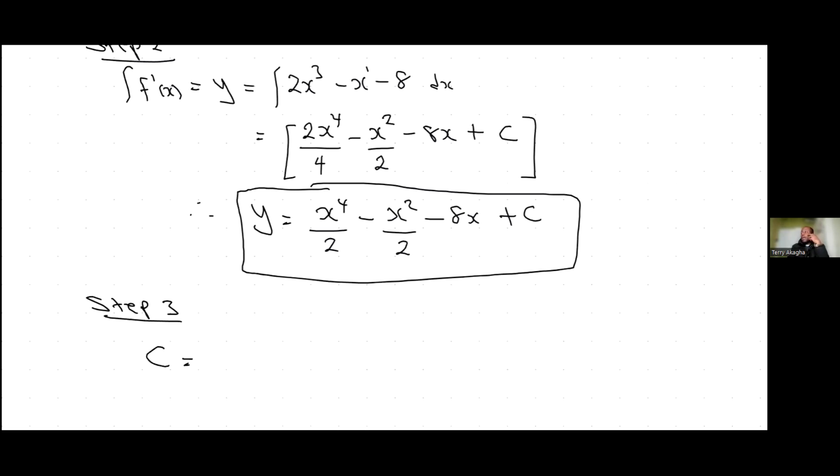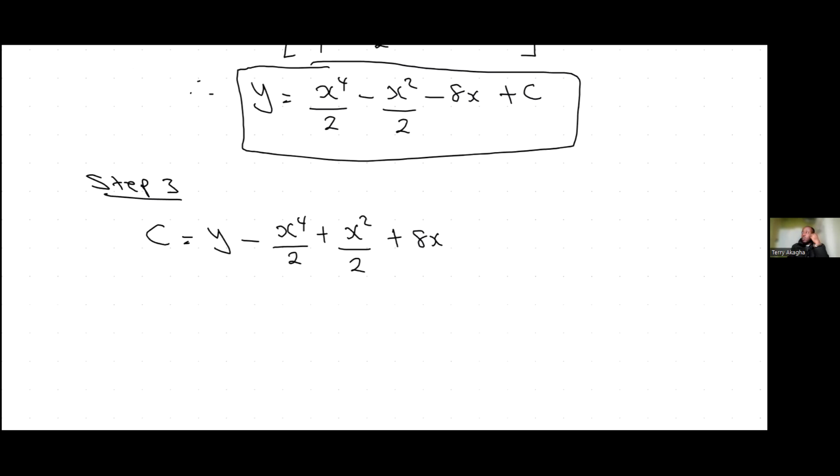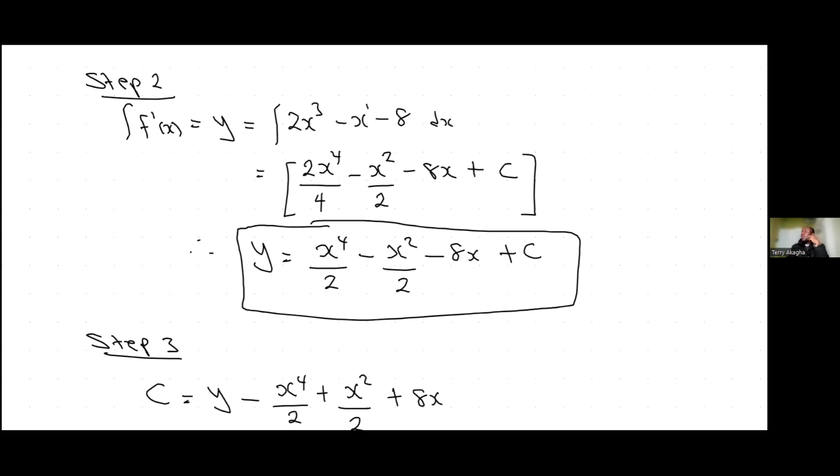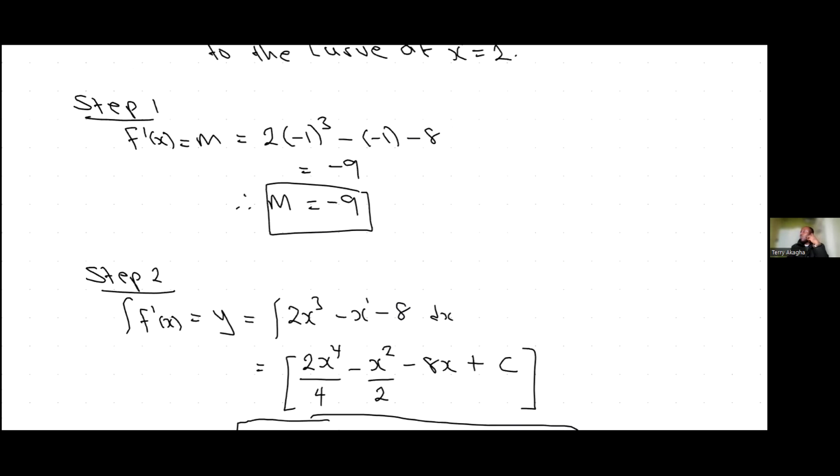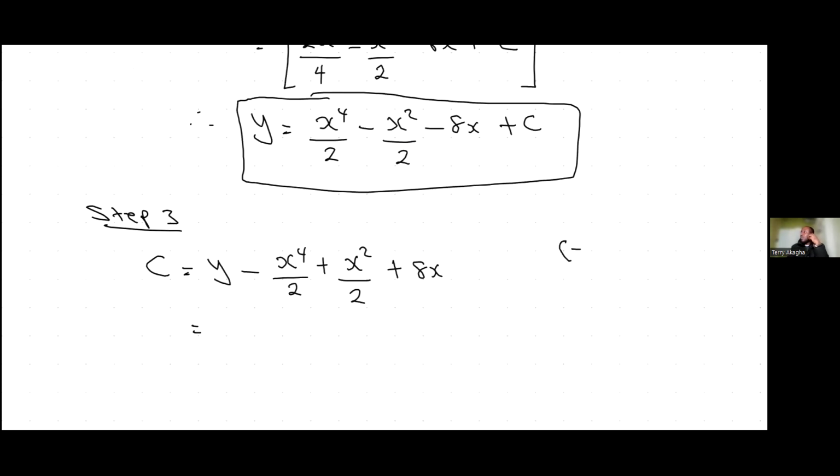It's going to be y minus x^4 divided by 2, plus x squared divided by 2, plus 8x. That will give us c equal to... we know that the point we were told was -1 and 4, so that means x is -1 and y is 4.